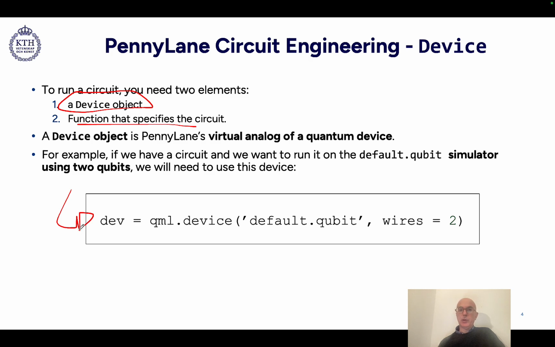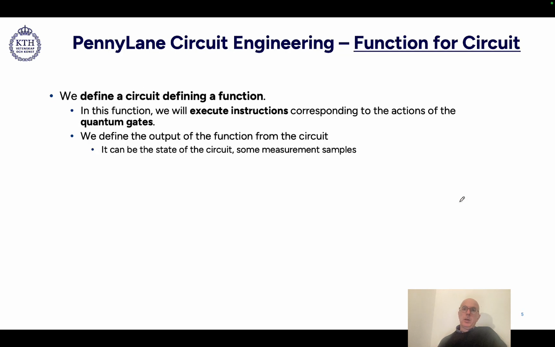For instance, if we want to run a circuit on the default qubit simulator using 2 qubits, we use qml.device, with a string to tell where we want to run it. In this case it is the default.qubit quantum simulator, and then we tell how many qubits, which corresponds to the number of wires in our quantum circuit. In this case, we want a quantum simulator with 2 qubits.